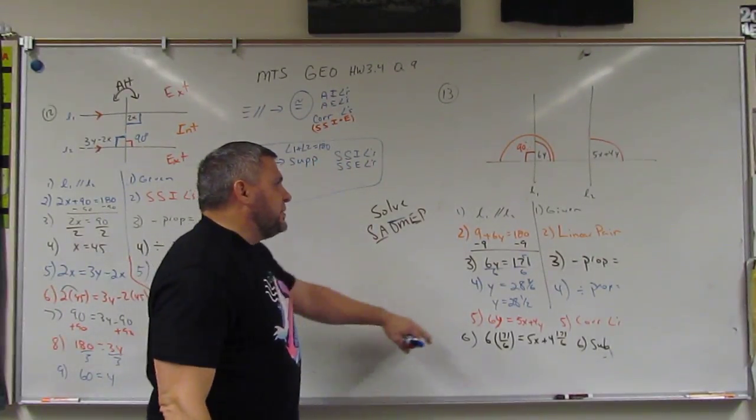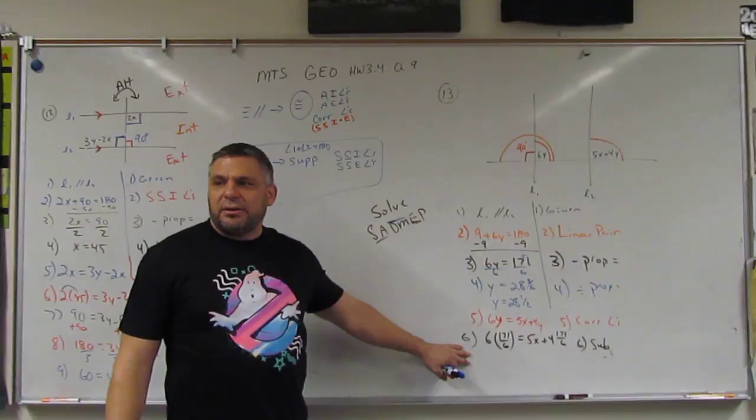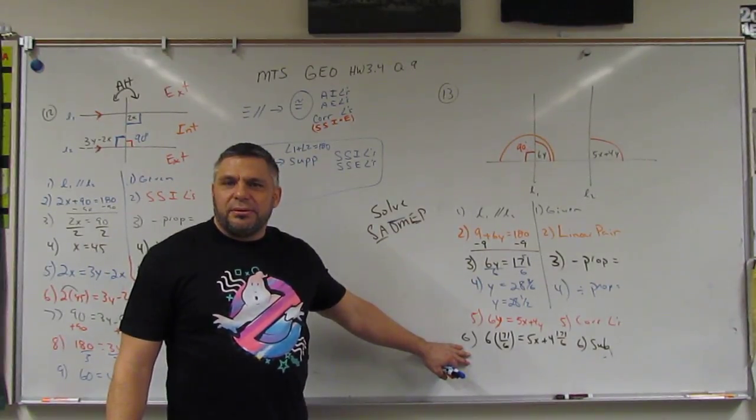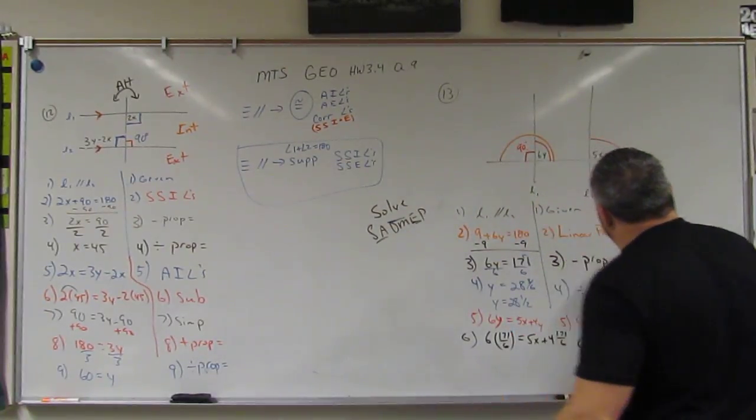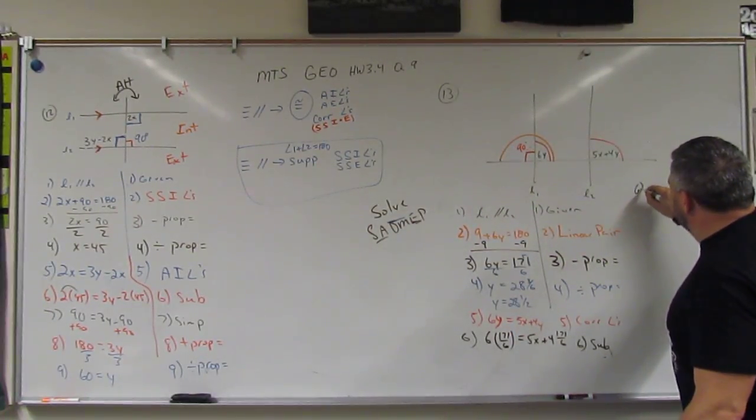Now, here's the thing. We're starting to run out of juice here, right? So what do we do? If you need to move it to another spot, what I like to do is just rewrite the 6.